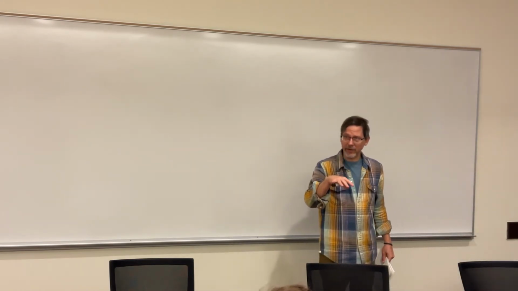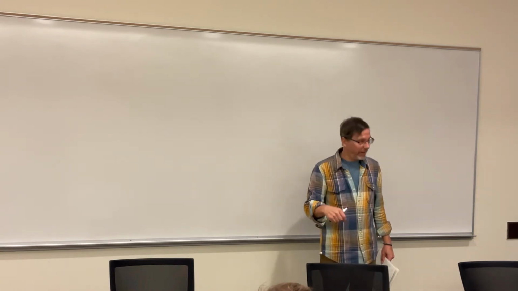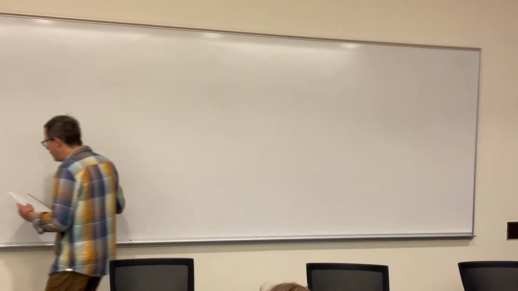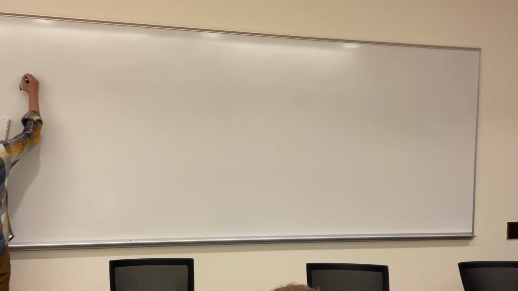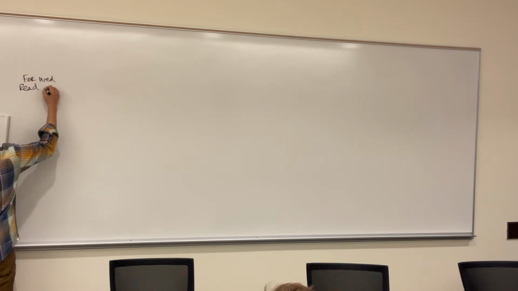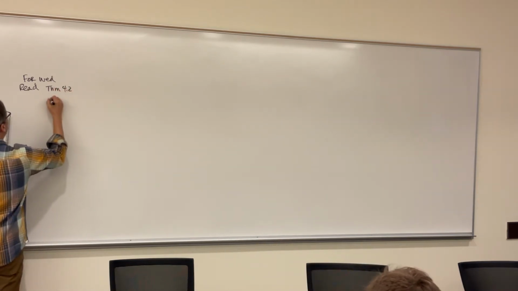Okay. Before we do that, let me pop at least one thing on the board. We're probably going to have time to finish this up today in class. I'm going to give you a little time to work on it. Is anybody done with the homework? Awesome. Then you're going to get time to work on it today. I like that rhythm. We've kind of been doing that a little bit. I want to make it more so. So, for Wednesday, if you wouldn't mind, read Theorem 4.2. This starts on page 81.